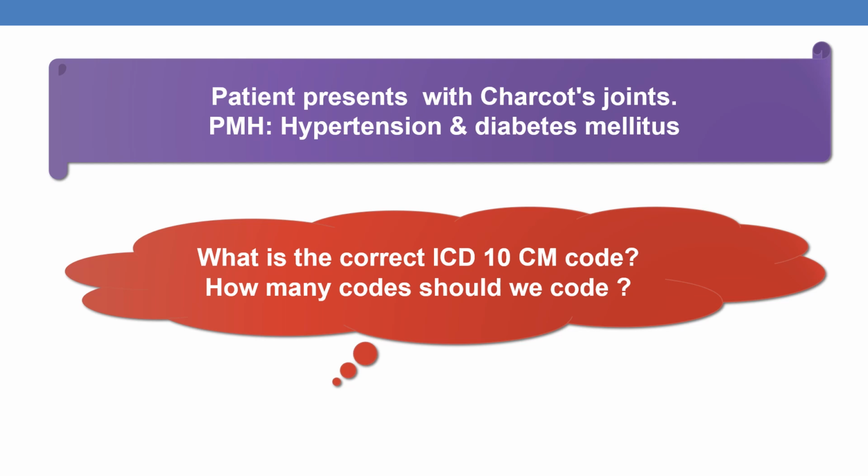And there is a cause and effect relationship between diabetes mellitus and Charcot's joint. That point must be taken into consideration. Now coming to the codes. What is the correct ICD code and how many codes should we quote?